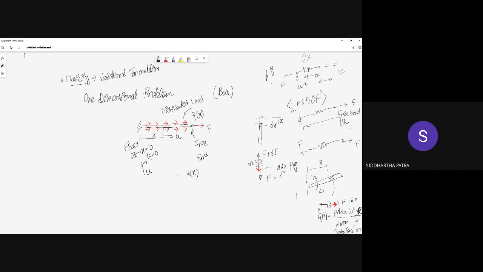There are two ways we can solve this problem. I'll start with the one that we are not familiar with. So far we are familiar with Newtonian mechanics. We are still talking about classical mechanics, not anything related to quantum mechanics or relativity.